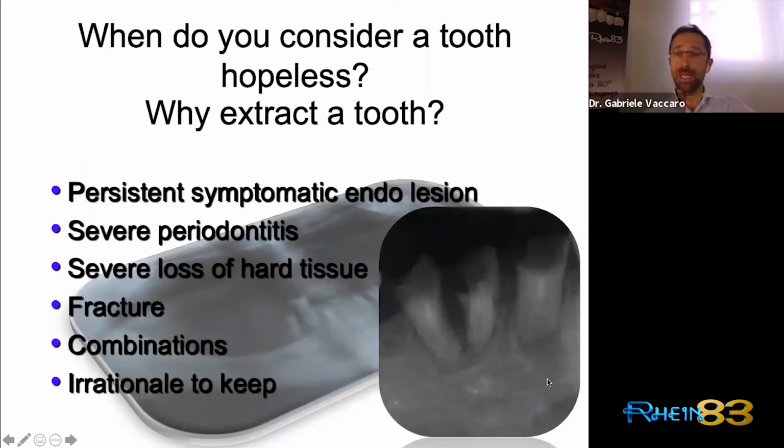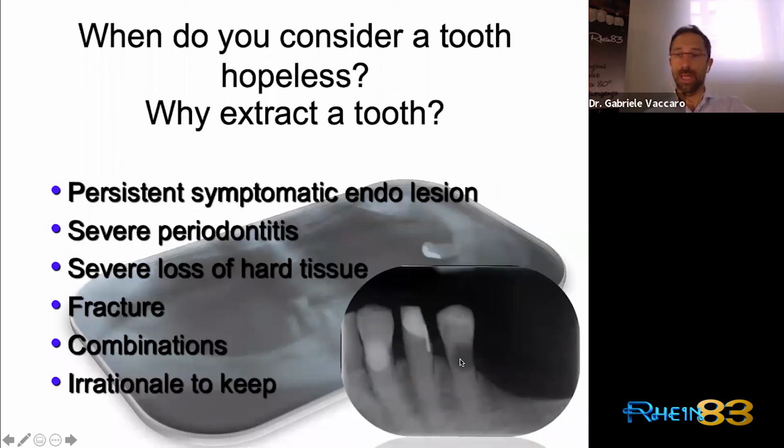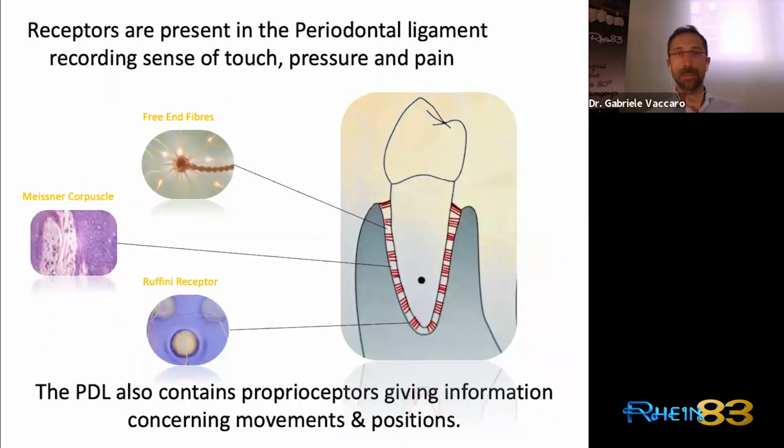And when we have a combination of all the previous situations we mentioned, so periodontal problem and severe loss of hard tissue. And when it is irrational to keep, this is a severe loss of tissue in a delicate zone to restore. So this residual root is eligible for extraction.